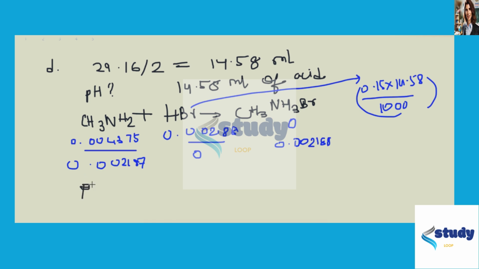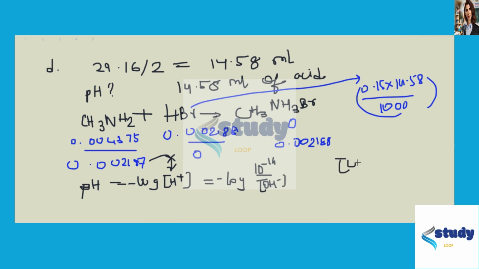Again, you're tasked with finding the pH. It's minus log H plus. Caution, do not put this here. This is moles, and also if you convert this into molarity, it'll still be the molarity of the base, not the acid. So we have to use the ionic product, 10 to the minus 14, OH minus.